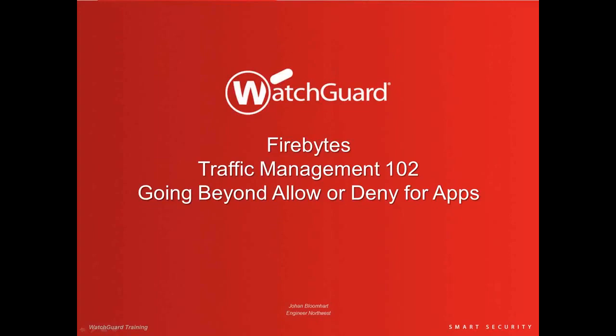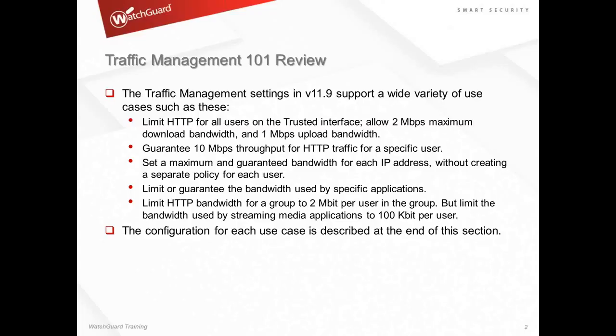So today we're going to build on taking it beyond the 102 session that Chris did last month. Just to recap what Chris went over: in the traffic management 101 review, we released a lot of new features in 11.9 to include a wide variety of use cases, such as limiting web traffic for all users on the trusted interface, for instance, allowing 2 megabits per second download and 1 megabit per second upload, and guaranteeing bandwidth for a specific user, setting maximum and guaranteed for IP addresses.